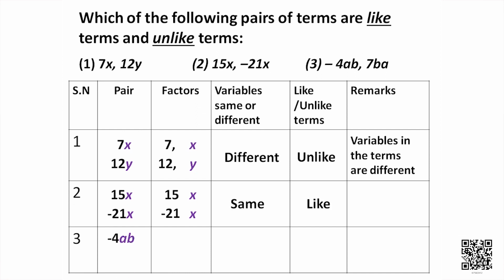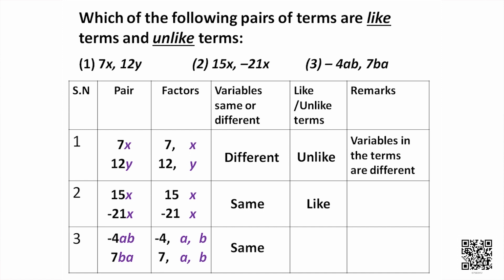Now we have another example: minus 4ab and 7ba. Look at the factors of it. The factors of minus 4ab are minus 4, a and b, and the factors of 7ba are 7, a and b. I have written 7ba as 7 and a and b. So the order doesn't matter here because we are multiplying.